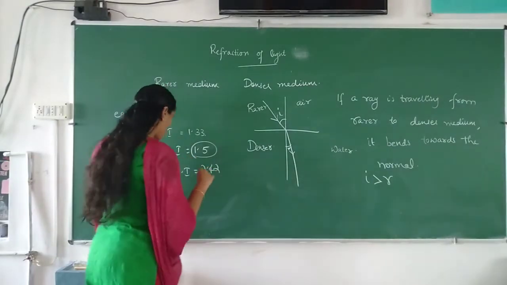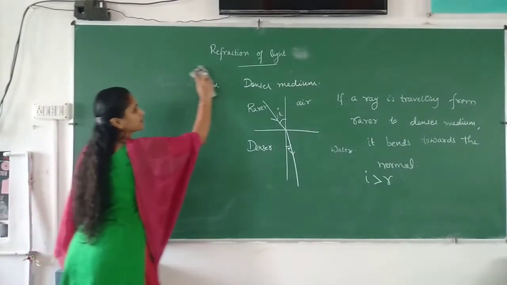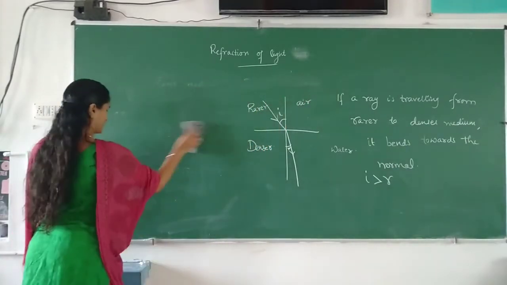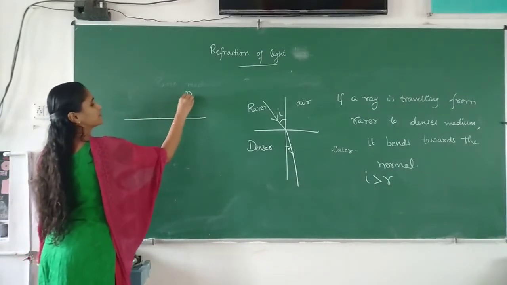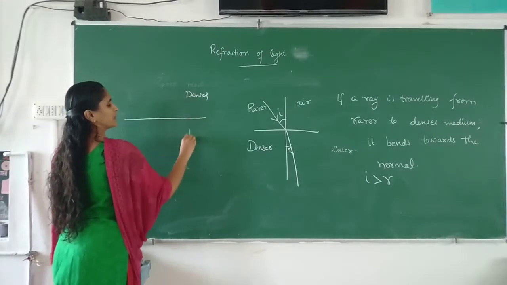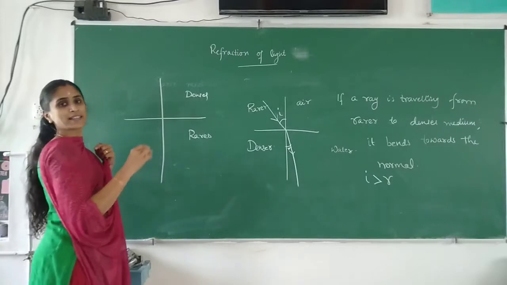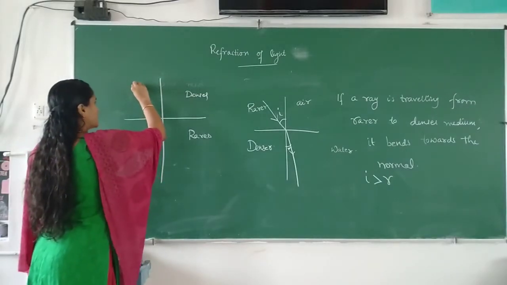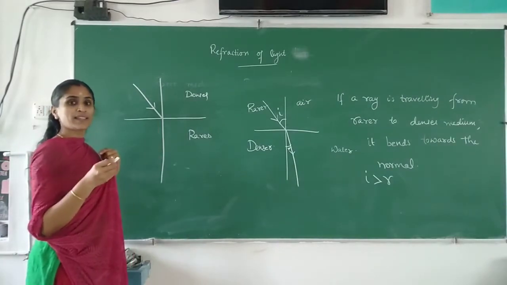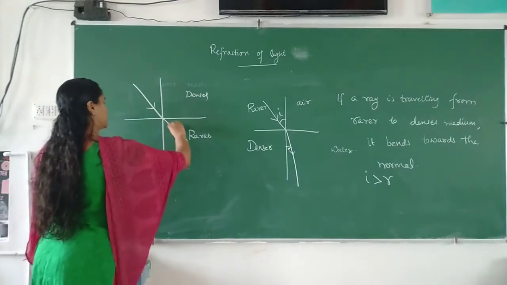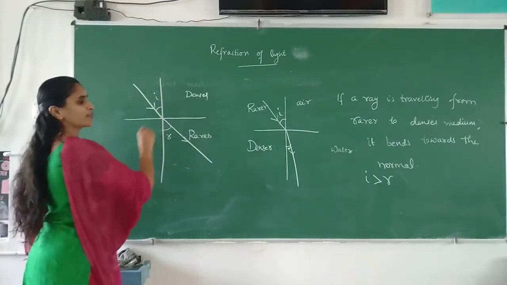If vice versa happens, if it is traveling from denser to rarer medium, so our denser medium is here and rarer medium here, light is incident. What happens? It will bend away from the normal, which means the angle of incidence will be less than the angle of refraction.